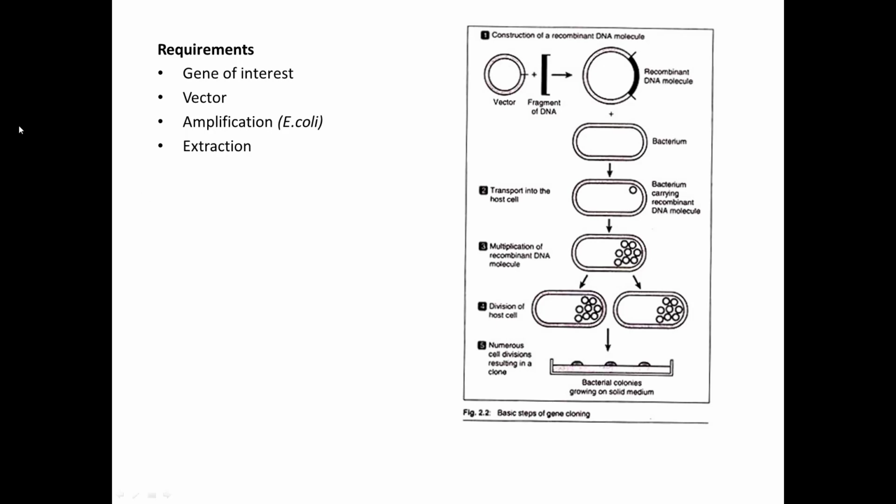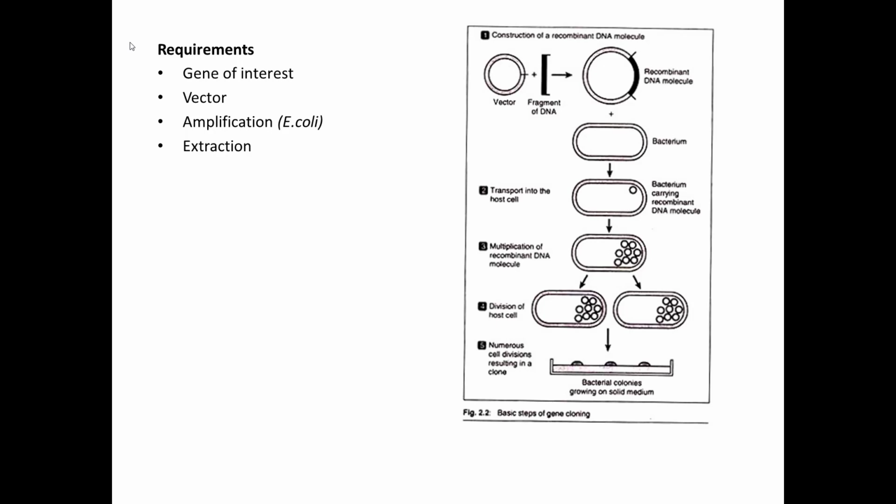Generally the requirement is a gene of interest, which can be cloned by the process of, the gene of interest can be amplified by the process of PCR. And for example, the human insulin gene. Generally the gene of interest is kept to produce more of the gene of interest in this case.